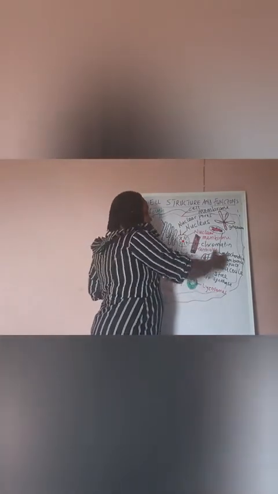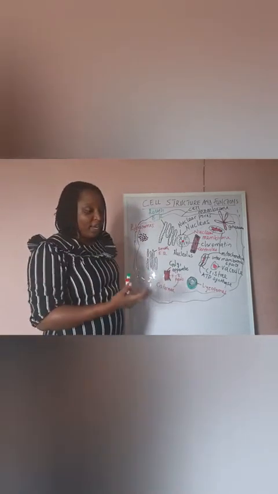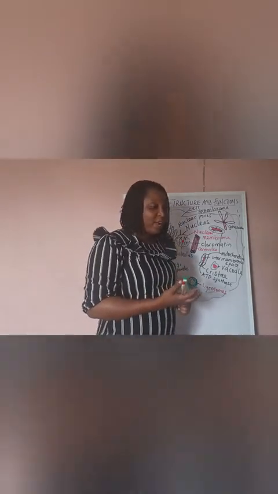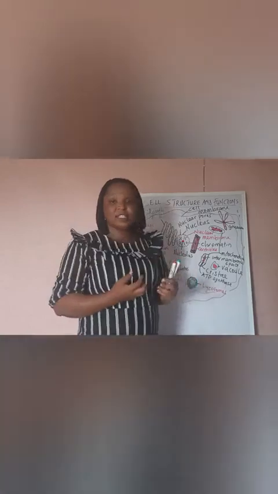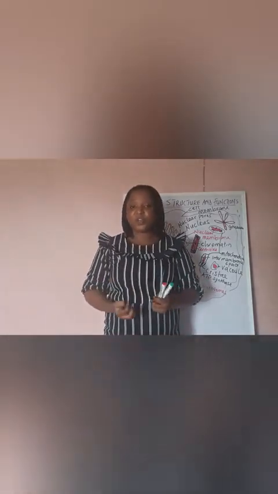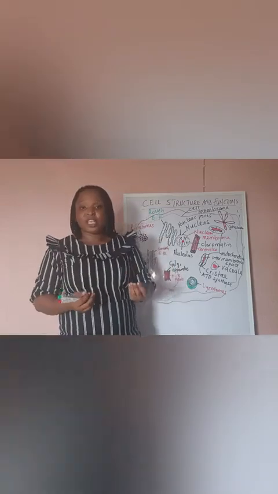So these are organelles that are present within the cell. In plant cells we have cell organelles that are not present in this diagram, like chloroplast, which contains chlorophyll that the cell uses for photosynthesis.